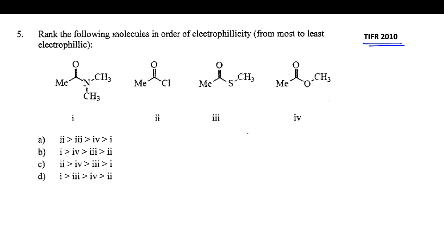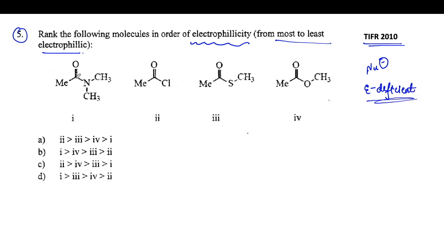The question is: rank the following molecules in the order of electrophilicity from most to least electrophilic. So what is electrophilic? Basically the one which is easily attacked by a nucleophile, or the one which is most electron deficient.